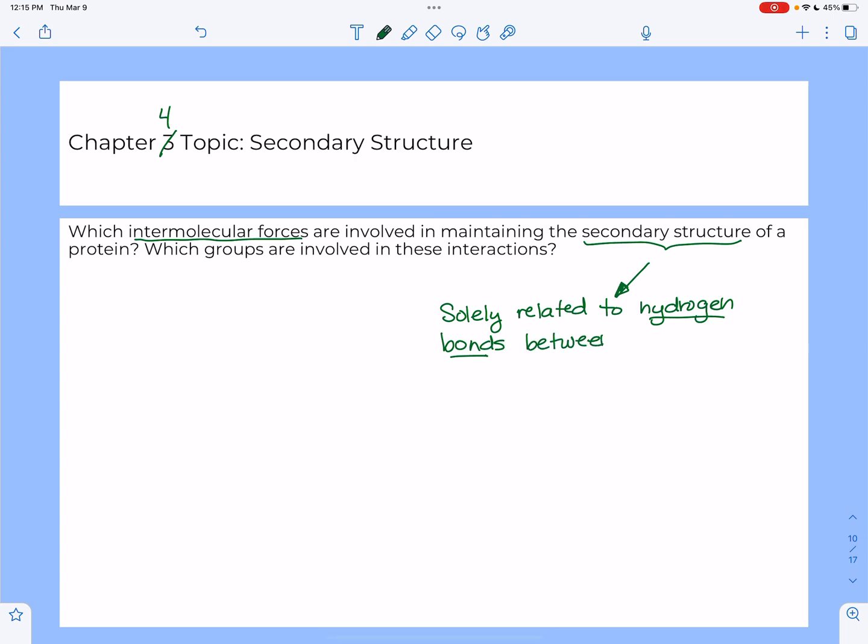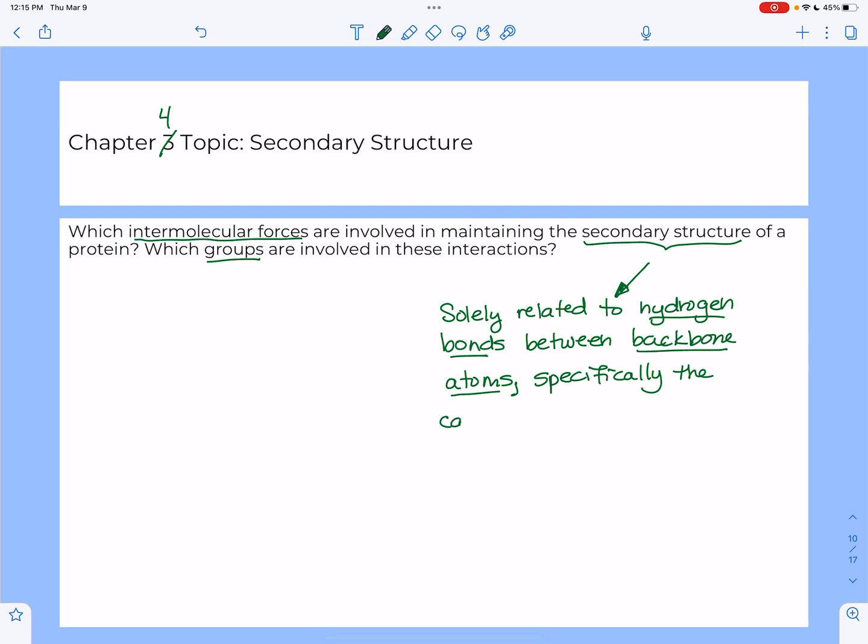between backbone atoms. And I'll put a comma there specifically because we're asked what groups.